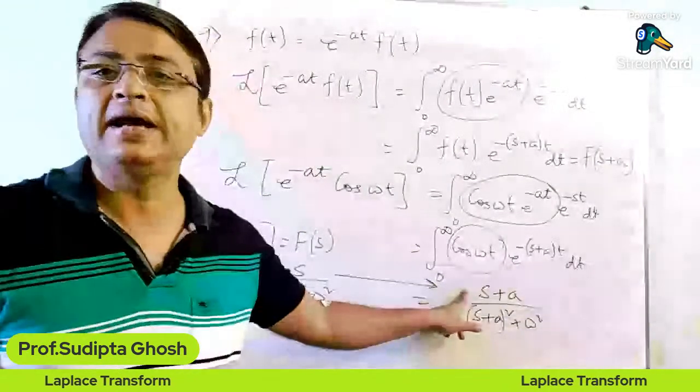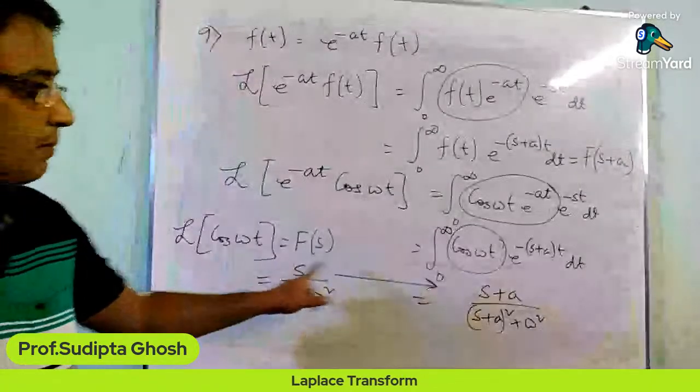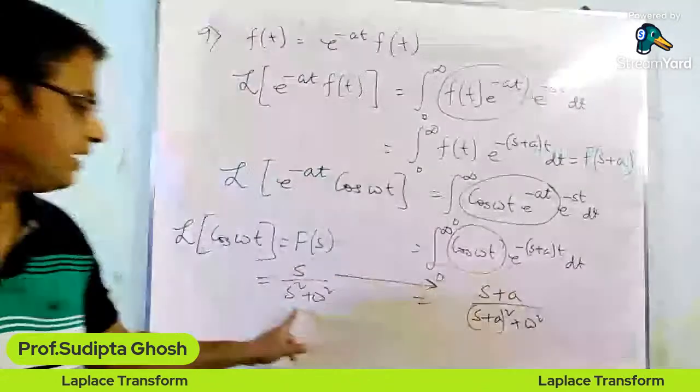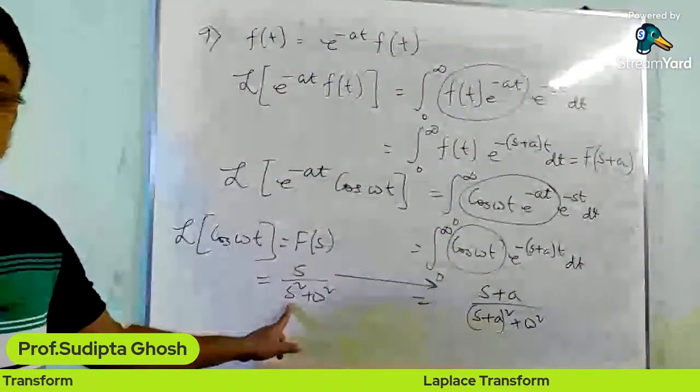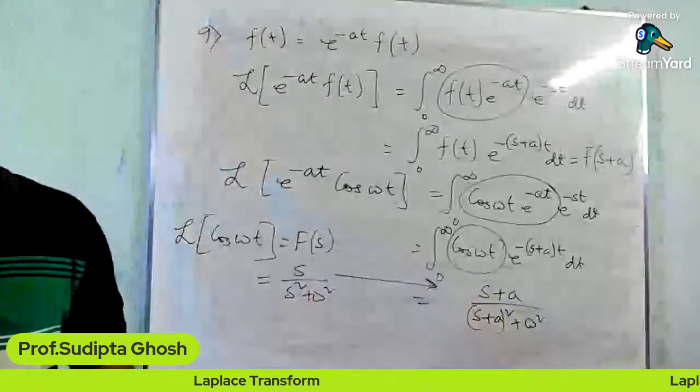So substituting s by s plus a, we have s plus a divided by s plus a whole square plus omega square. Is it okay?